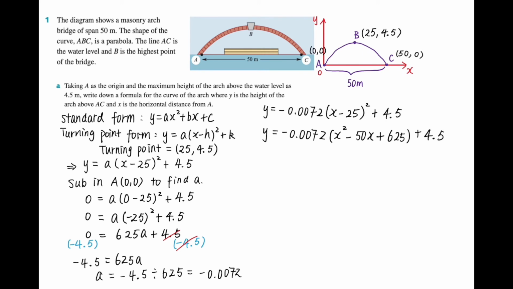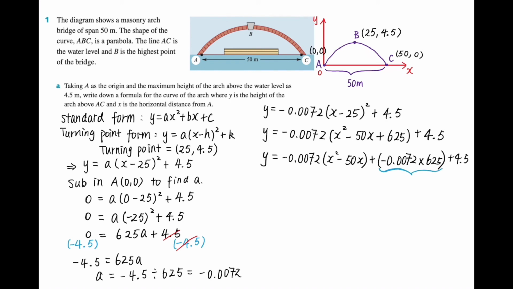So clearly in the brackets, 625 is a constant, and we can take it out by multiplying 625 to the number in front of the bracket, which is negative 0.0072. So let's do that. y is then equal to negative 0.0072 times bracket x squared minus 50x, and if we take out 625, it's going to be negative 0.0072 times 625, and we still have the positive 4.5 in the end.